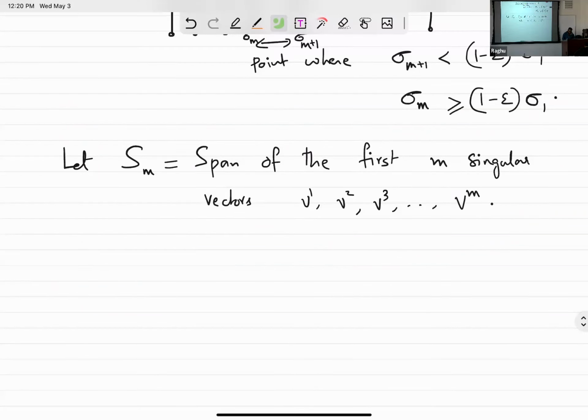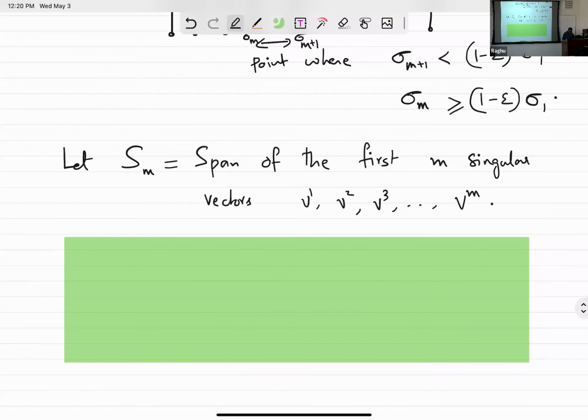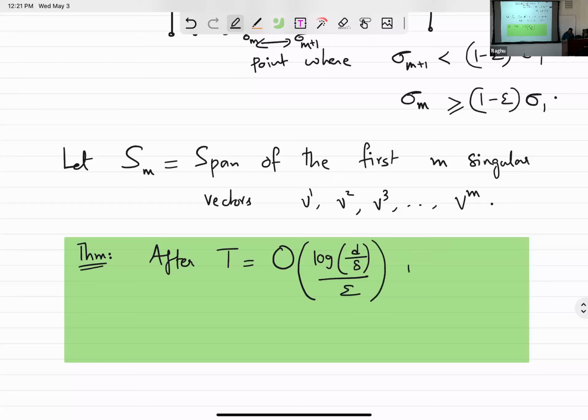And what we'll show is the following. If I run the power iteration for some number of steps, something nice happens.